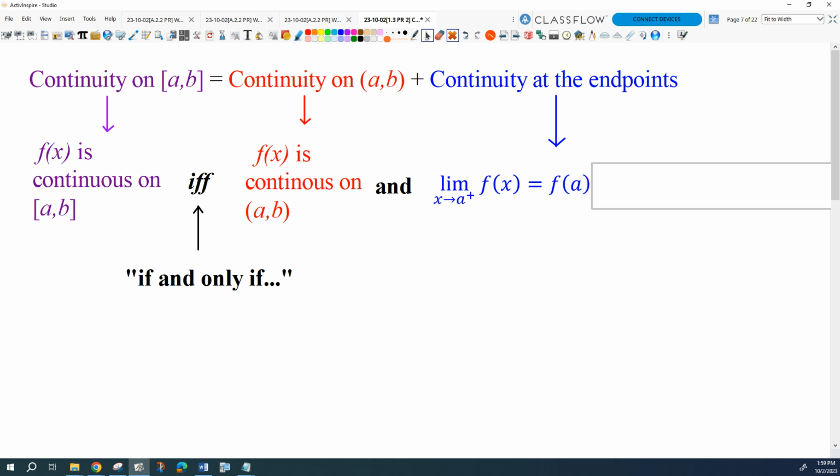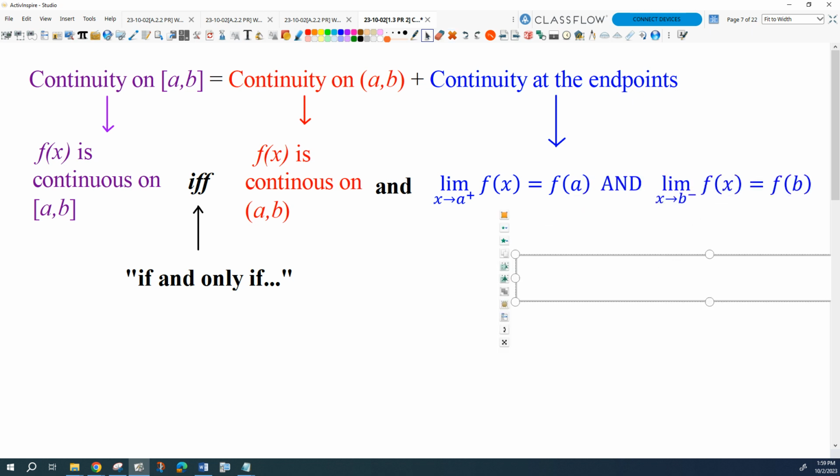The limit of the function as x approaches a from the right is equal to f of a, right? Okay. And it has to be continuous from the left at b, which is just this. The limit of the function as x approaches b from the left equals the value of the function at b. Okay? Give me thumbs on that. Does that make sense?